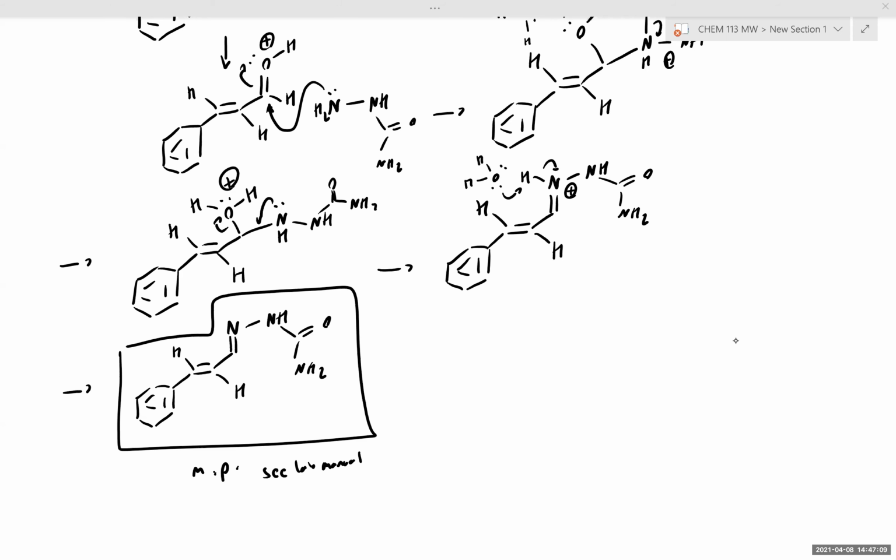You don't have to report a literature mass percent, but you do have to report the mass percentage based on your experimental data. I'd say it's around 1 to 10%.